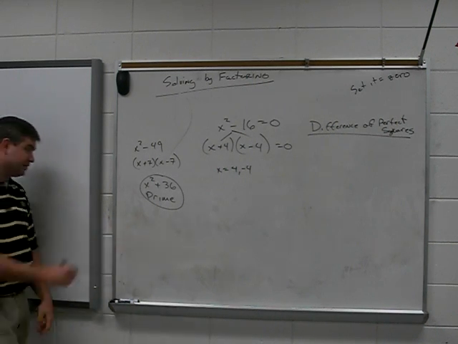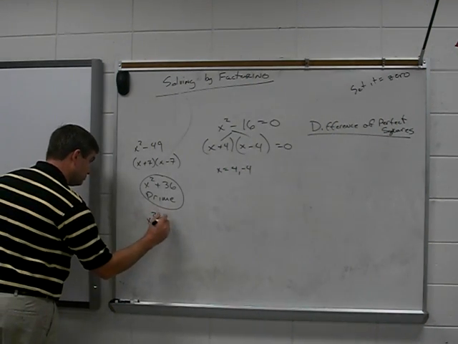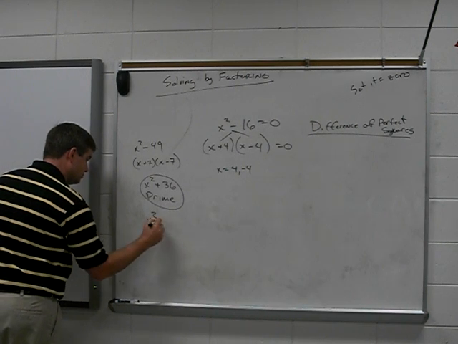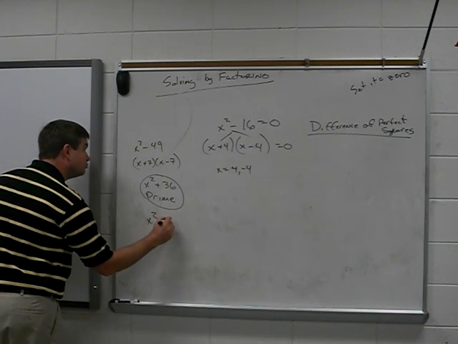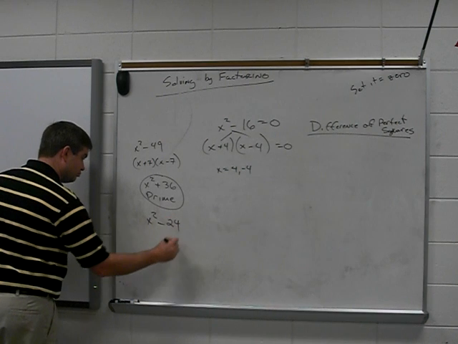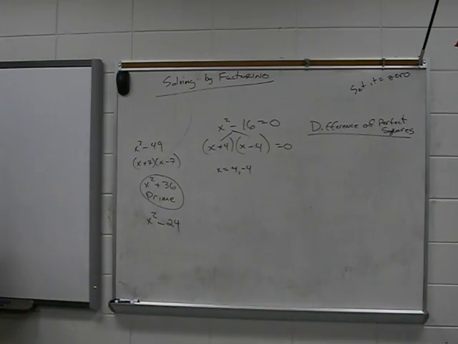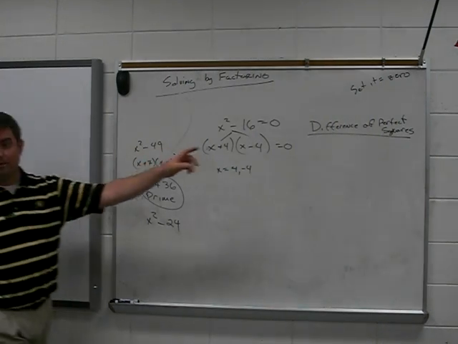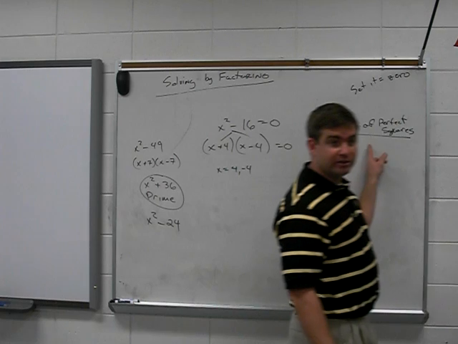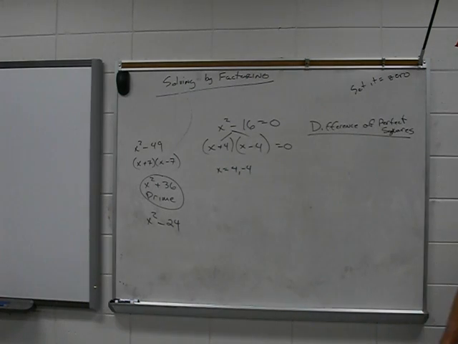Special case. How about this one? x squared minus 24. Can I break that up? No. Well, you can. Is 24 a perfect square? No, it's not. So if they're not both perfect squares, then they don't break down.